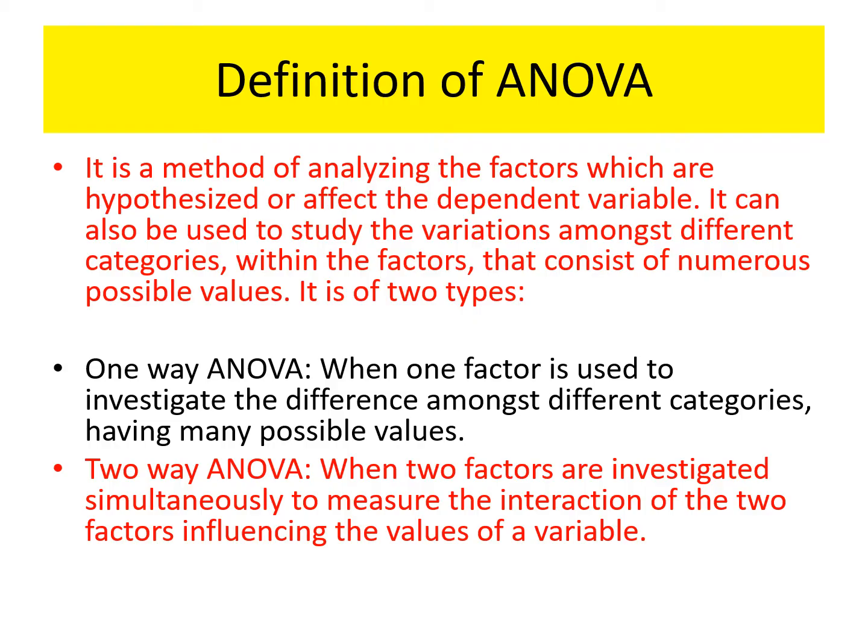So take note, ANOVA is analysis of variance, and this is used to see the variation. We have discussed variation in our previous lesson. Variation is actually measured by standard deviation or variance.